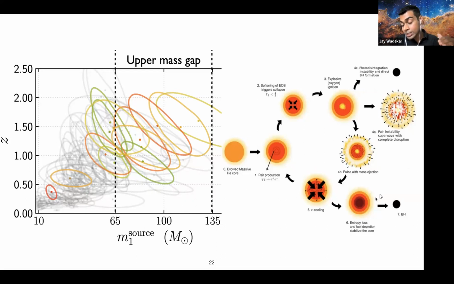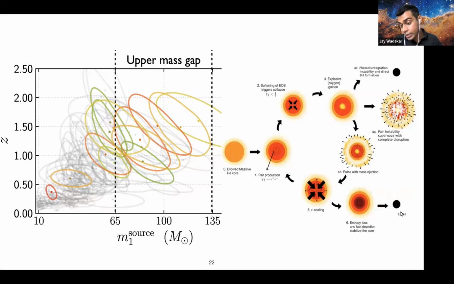If you have mass below 50, you can have a remnant which forms a black hole. But if you have mass between say 50 and 130, you can have a pair instability supernova and leave no remnant behind. To explain the physics would require more time, but there are three areas in this channel.